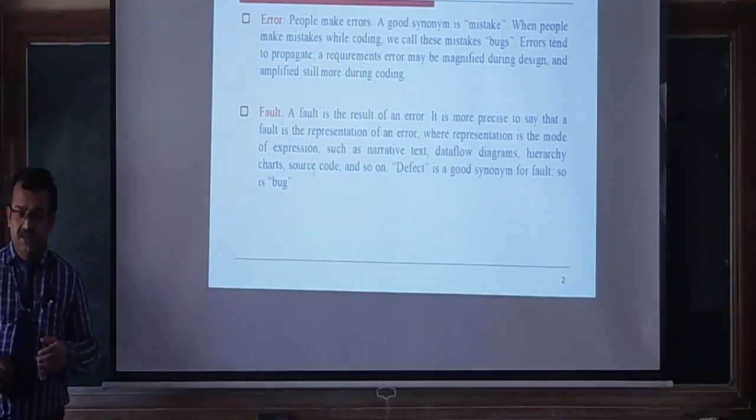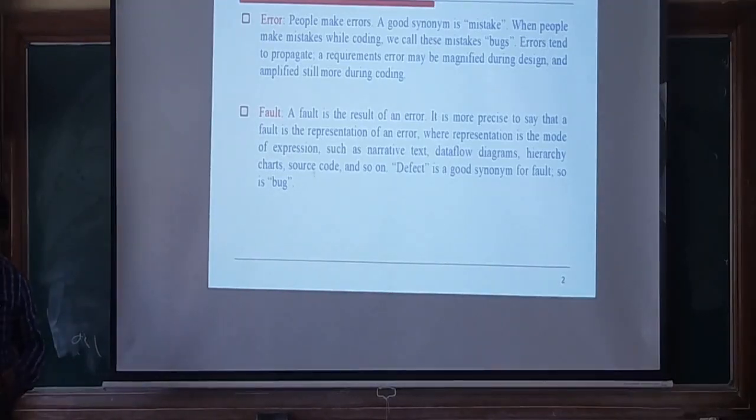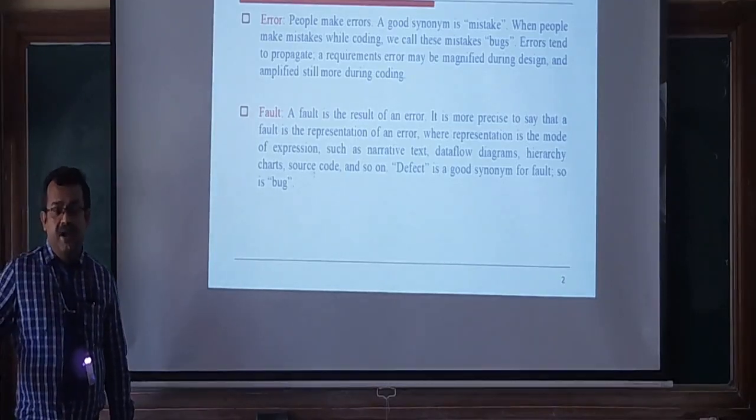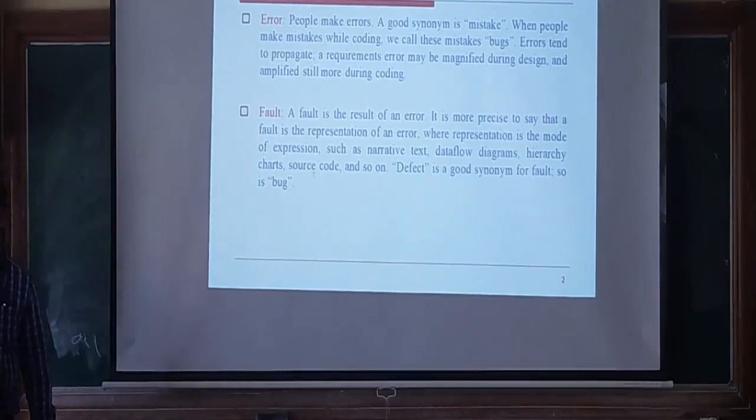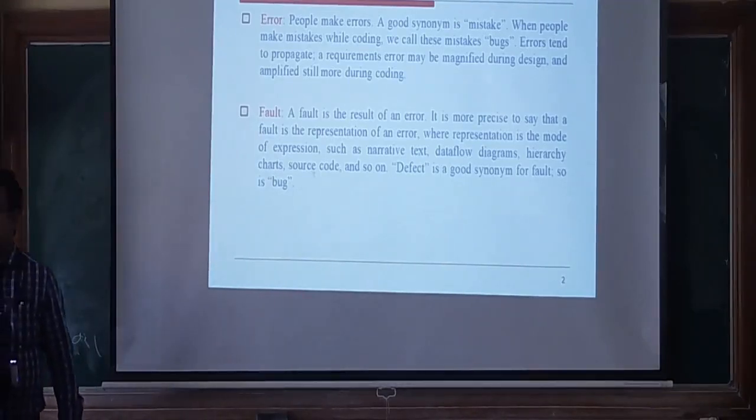Another definition is the fault. A fault is the result of an error. When we create some mistake, we include some fault. A good synonym for fault is a bug.